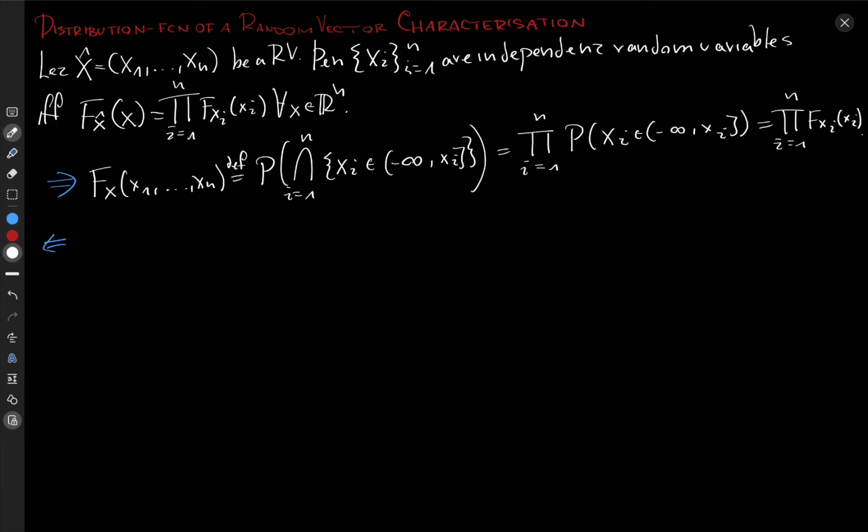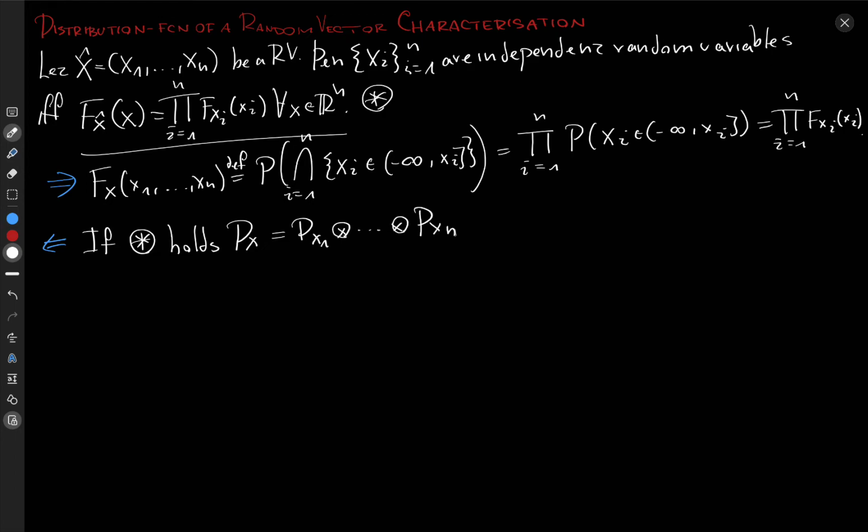It is similarly easy. Now, conversely, if this equality holds, so it's denoted by a star. So if star holds, it holds that P_x is equal to the product measure P_x1 through P_xn on the class of these intervals.